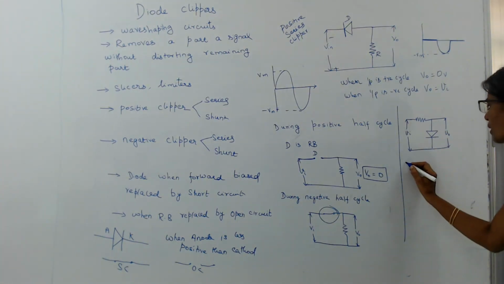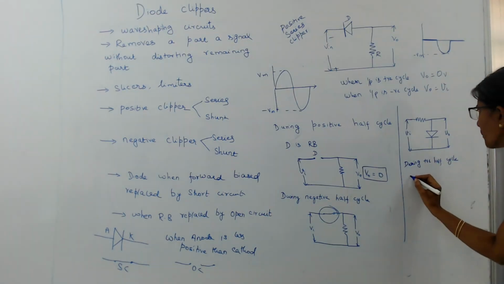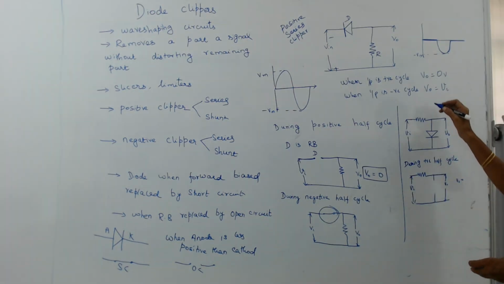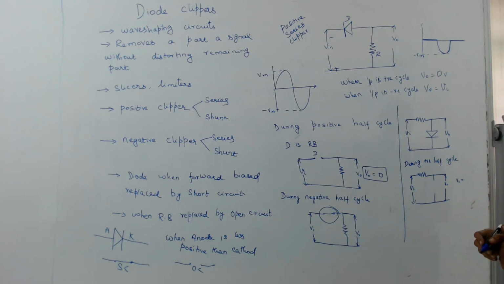So let us consider the other version of the positive clipper. Here the diode is connected in parallel to the load resistance. During the positive half cycle, the anode is positive compared to the cathode, and the diode can be replaced by a short circuit.